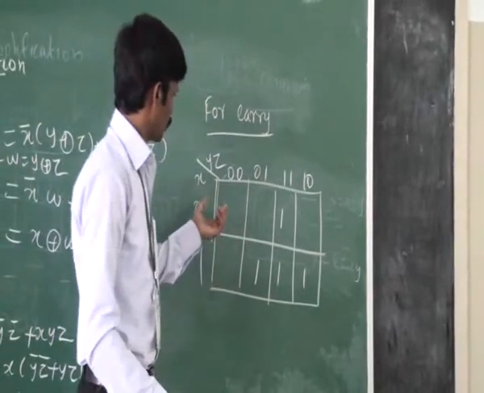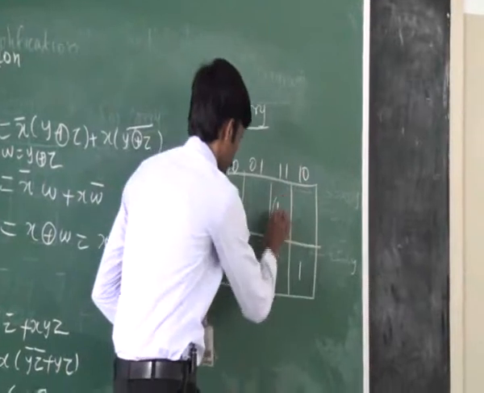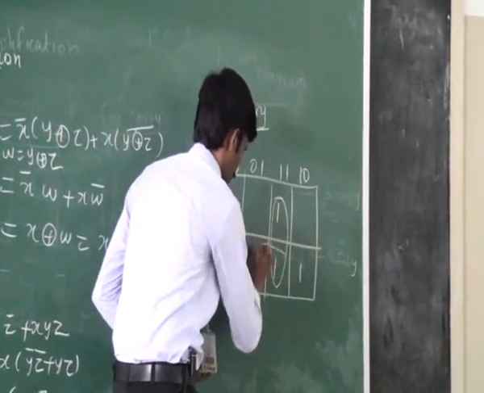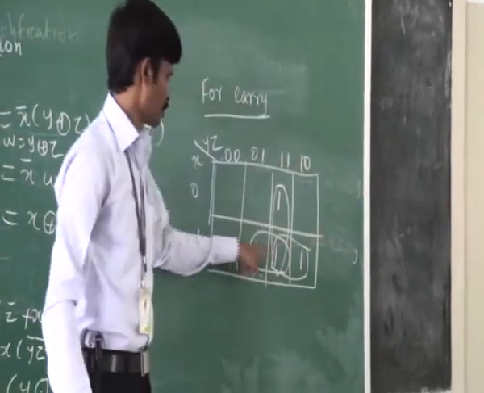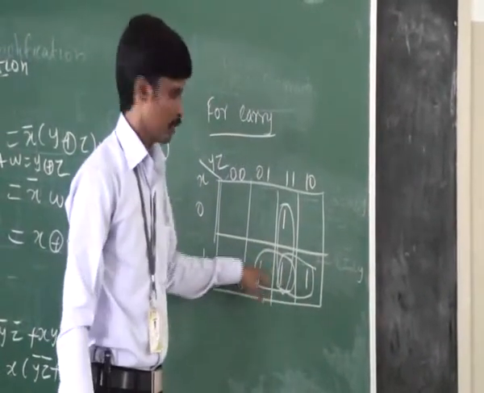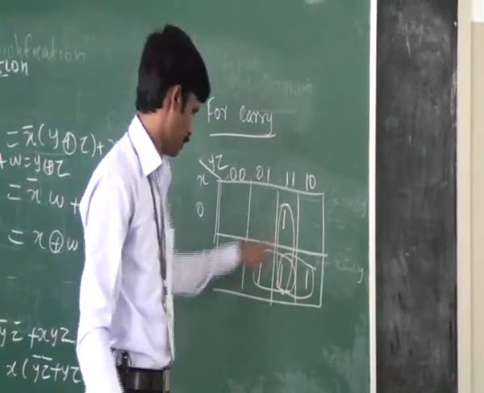Then in this K-map we have 3 possible combinations. These 2 adjacent ones form group 1, these 2 adjacent ones form group 2, these 2 adjacent ones form group 3.